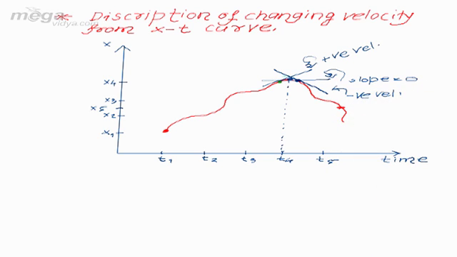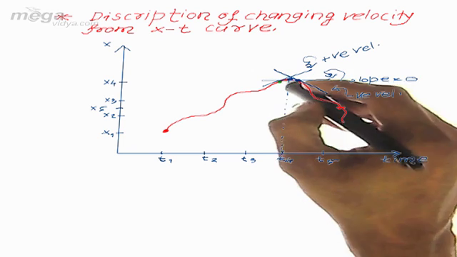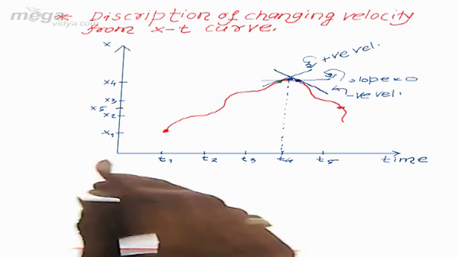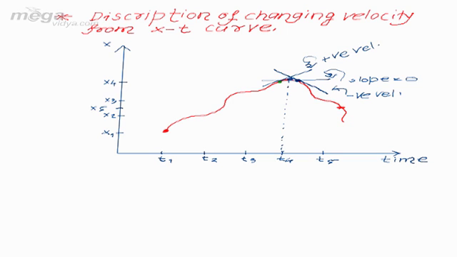What will we do with this information? At the topmost point of this curve, corresponding to position x4, which was at time t4, you can see that initially the velocity was positive, it decreases to 0 and then finally becomes negative.